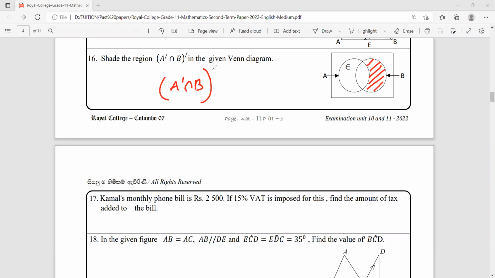And you have to take the inverse of this. You can take the dash of this one. Then it is something like this. So the answer is this.